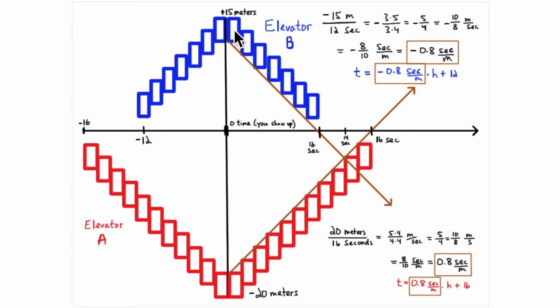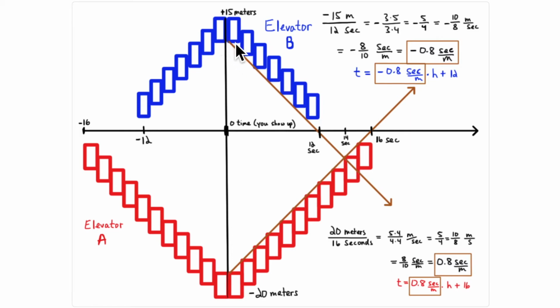Remember, they're traveling at the same rate in opposite directions. That's important because then you can just look at where these lines intersect, and it's an equal amount of time that it takes to get to this point from 15 meters, and that same amount of time it takes to get from negative 20 meters to that same point right here.